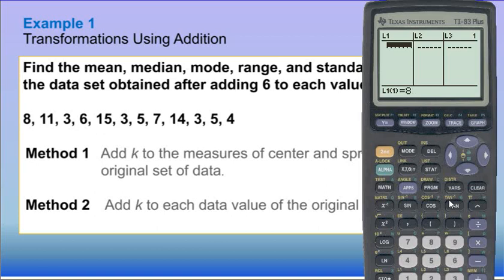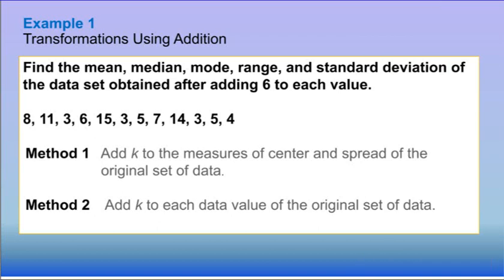So 8 plus 6, 11 plus 6, 3 plus 6, 15 plus 6, 3 plus 6, 5 plus 6, 7 plus 6, 14 plus 6, 3 plus 6, 5 plus 6, and 4 plus 6. So that puts it all in there for you.